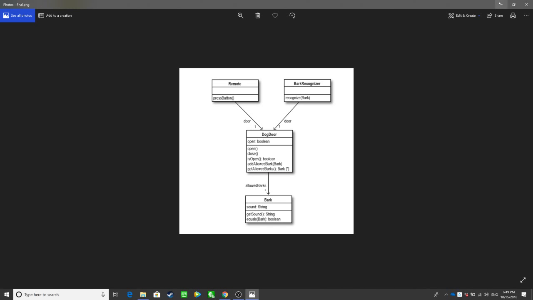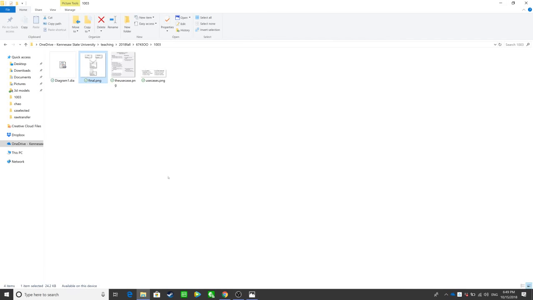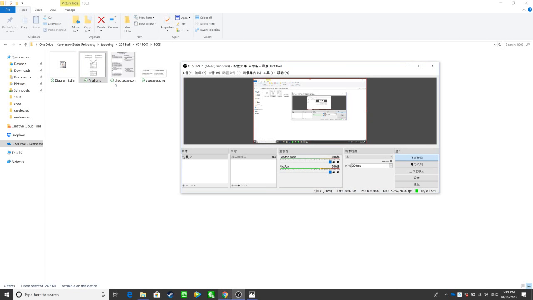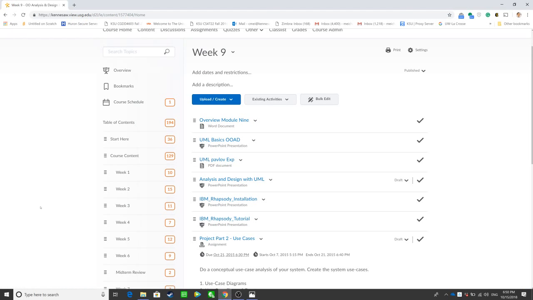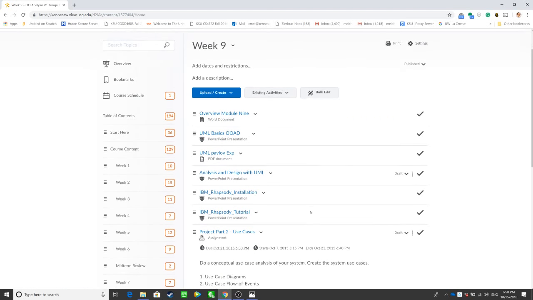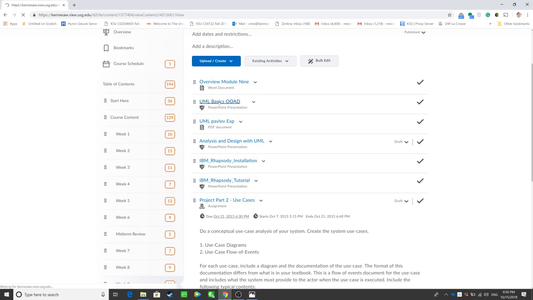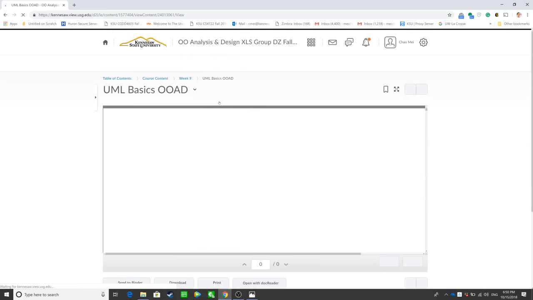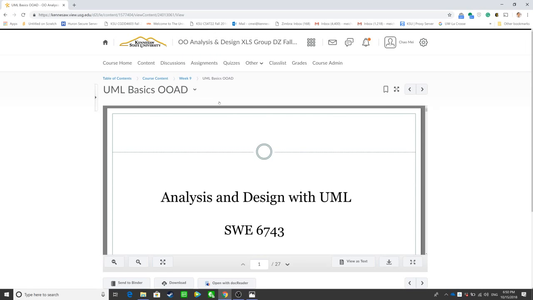And another class diagram, let me see if I can find this class diagram. Another relation is inheritance, or we can say, what's the word?